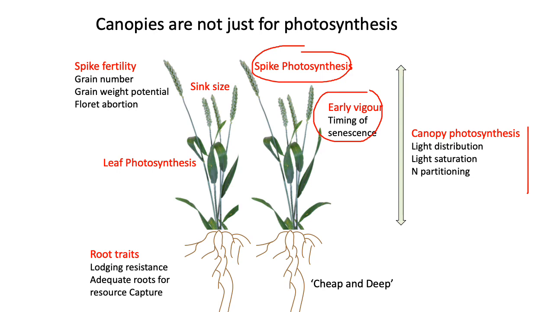And this can also be linked to panicles of rice. We must also think about the fertility of the reproductive organisms. We must also think about the link with root traits, so lodging resistance and the adequate root activity for resource capture. So canopies, we may improve them for photosynthetic purposes, but we must also take into account the other functions of canopies.